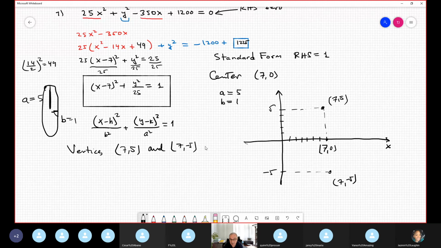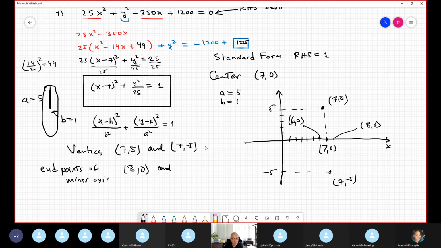Entonces b from the center to the right and to the left, this point is 8,0, and this point is 6,0, because b is 1. Entonces the endpoints of the minor axis are 8,0 and 6,0. So I suppose that our ellipse looks like that.